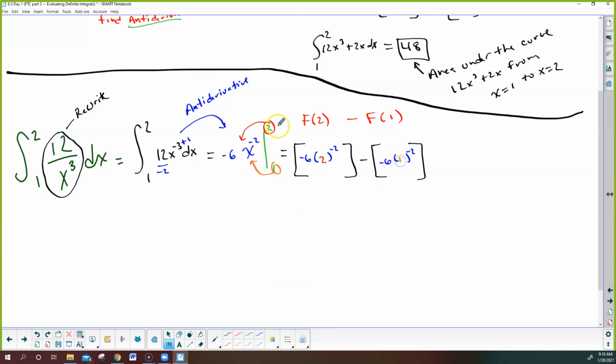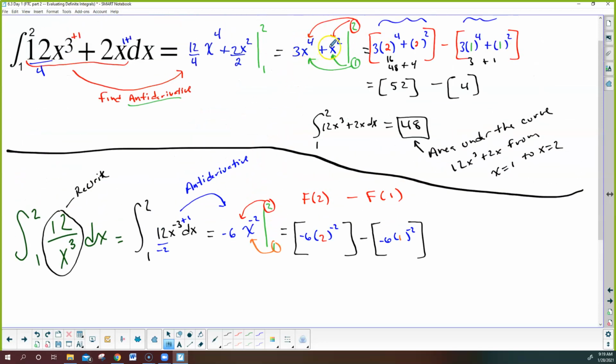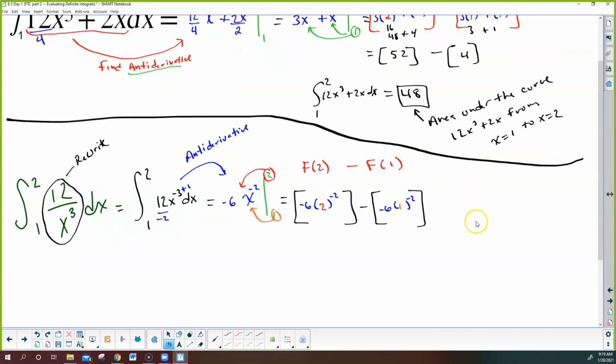And notice, we're plugging these values in for x, because that is dx. It's the change in the x's. In the first example, we had 2 x's where we had to plug 2 in, and we had 2 x's where we had to plug 1 in. In this case, there's only 1. So just remember, anywhere you see an x, the upper bound goes into all of those, subtracted by the lower bound going into all of those.